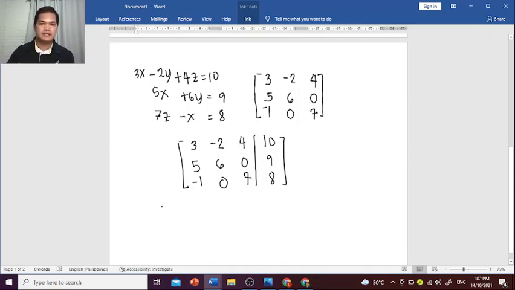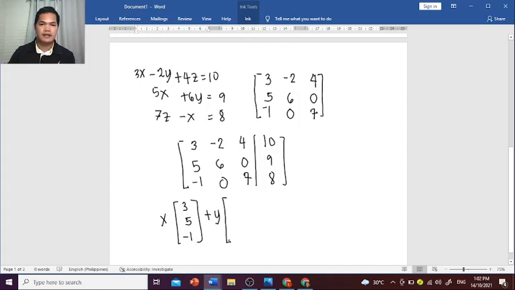And lastly, for our linear combinations, we have here the variable x. Let us have its numerical coefficients. We have 3, 5, and negative 1, followed by plus y.